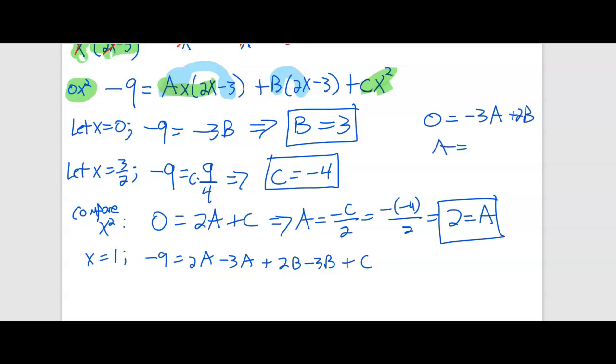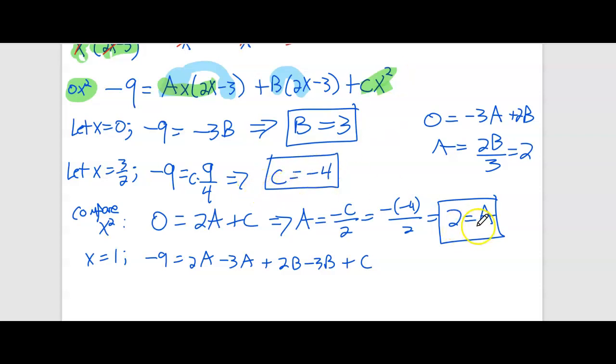So a would be 2b over 3. If I plug in 3 for b, I again get a equals 2. So you can compare whatever coefficient term, whatever degree, the x squared or the x, that involves the coefficient you're looking for, or use a dumb value. There are other methods, but this is a nice method to work.